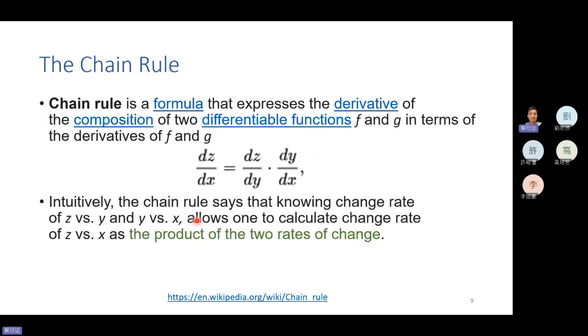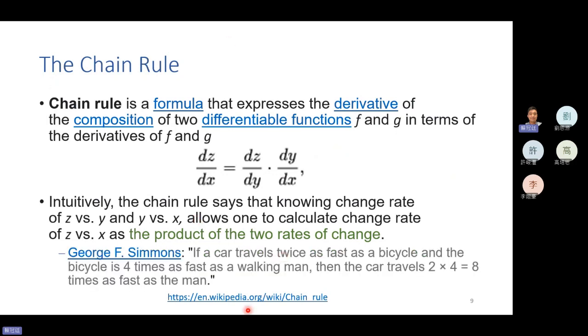This sentence is a little bit long, so it's from Wikipedia. It says that if a car travels twice as fast as the bicycle, and the bicycle is 4 times as fast as a walking man, then actually the car's speed is 2 times 4, 8 times as fast as the man. So that's the basic idea of chain rule.